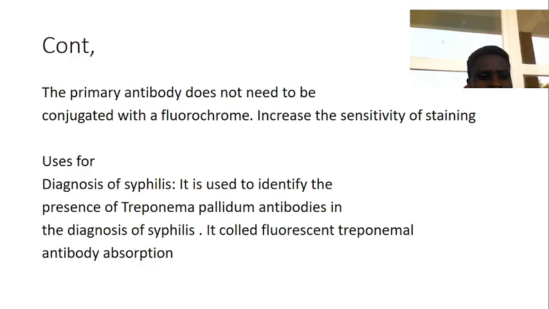The primary antibodies do not need to be conjugated with chromogens, because chromogens help make things easy to visualize under the microscope. The second reagent is the one conjugated with chromophores, immunochromes that give color in light microscopy.